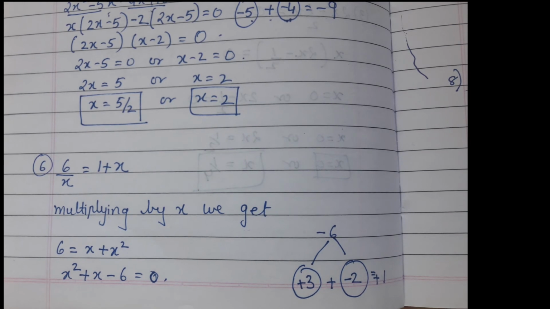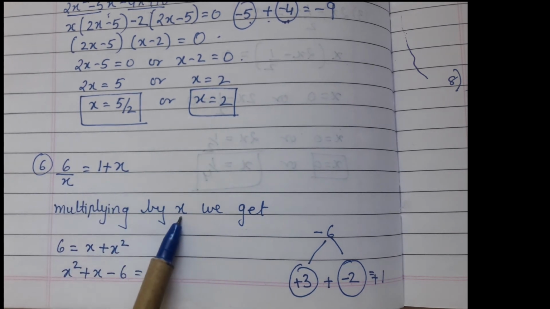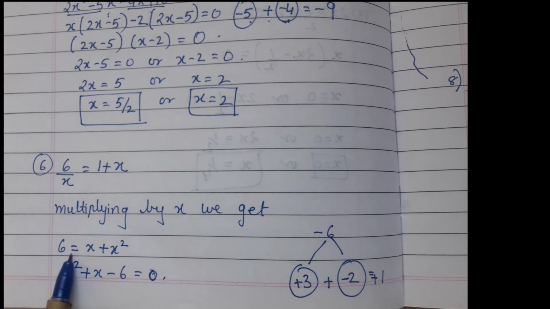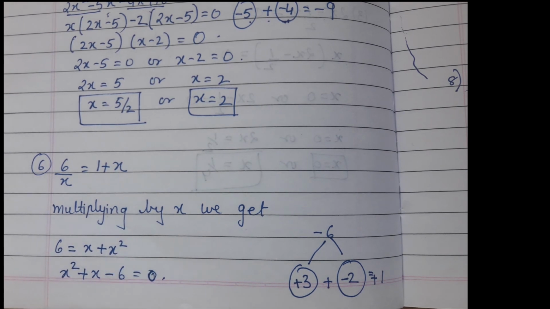Sixth sum, 6 upon x is equals to 1 plus x. So it's same way, because it is upon x, we will multiply all the sides by x. We will get 6 is equals to x plus x square. Okay, now I will transpose this to the right hand side.